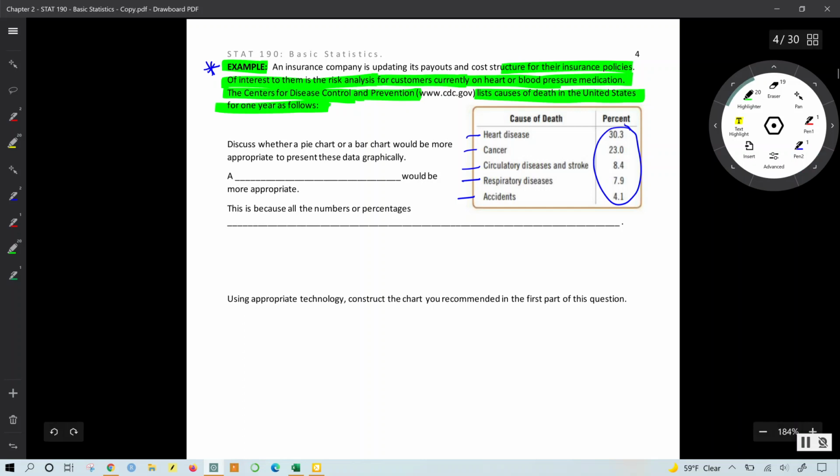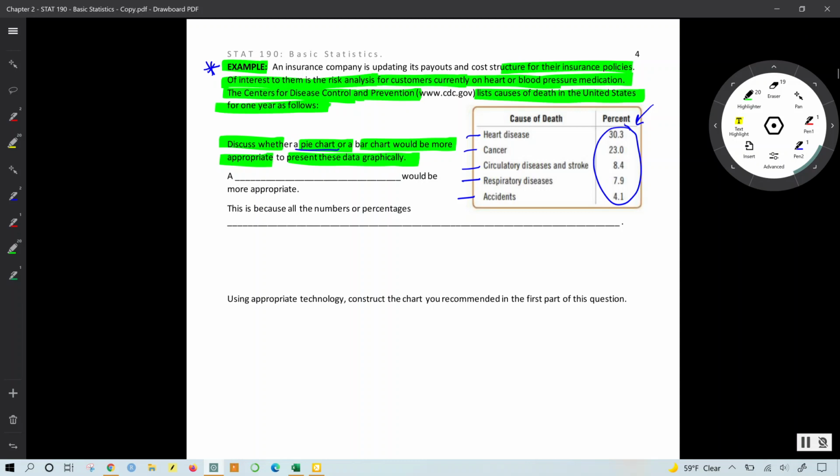Of interest to us is to discuss whether a pie chart or a bar chart would be appropriate to present the data graphically. In order to use a pie chart, we would need the values reported to represent pieces that together constitute a whole quantity.